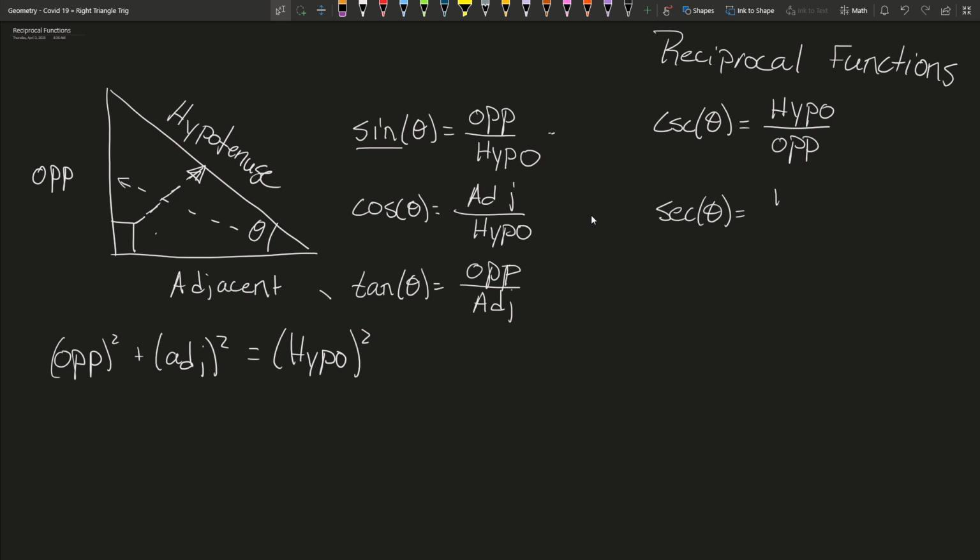And that's just hypotenuse over adjacent. And then the reciprocal of tangent, that's called cotangent. And that's just adjacent over opposite.